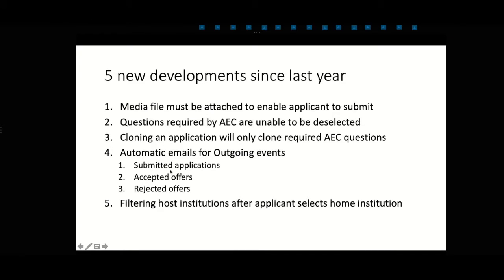One is if one of your students submits an application to one of your partners, you will get an email that there's been a submitted application. If one of your applicants has been accepted to one of your partners, you will receive an email notifying you of that. And if one of your applicants has been rejected, you also receive an email regarding that.